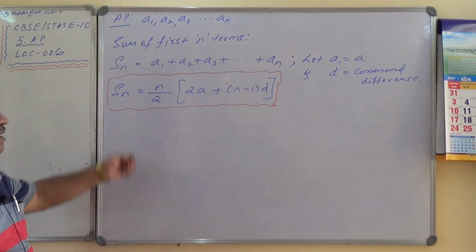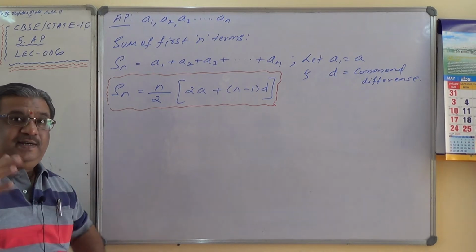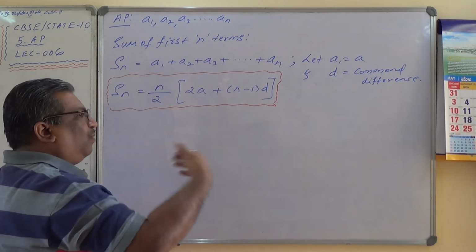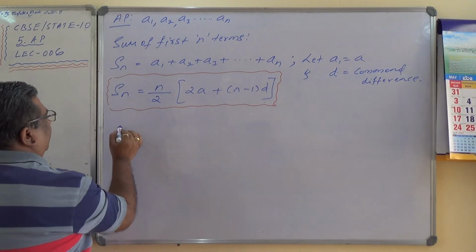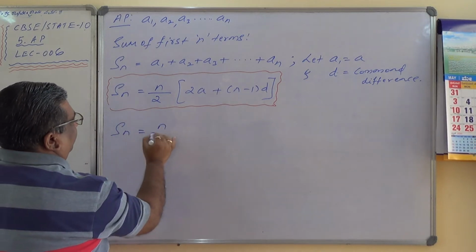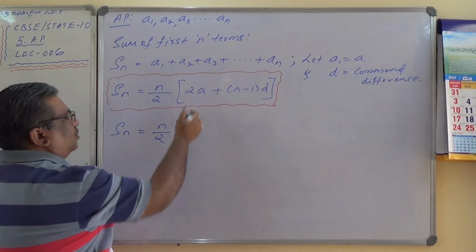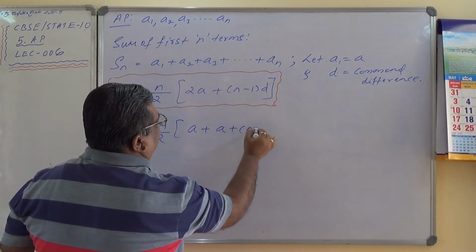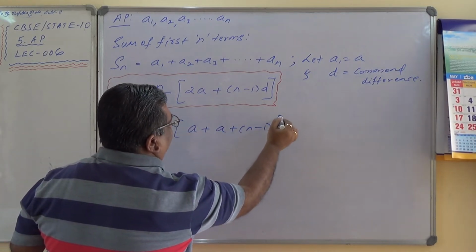Okay. Now I'll modify this a little bit and see a very interesting fact over here. This formula I am modifying, and we will arrive at one more formula for Sn. Look here, I hope you understand. N by 2 into bracket, this 2a can be split into a plus a plus n minus 1 times d over here.